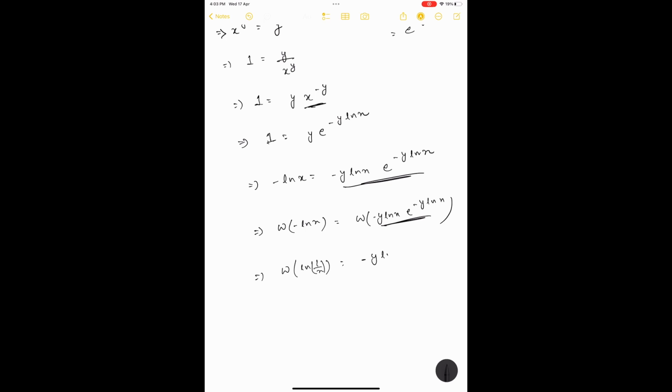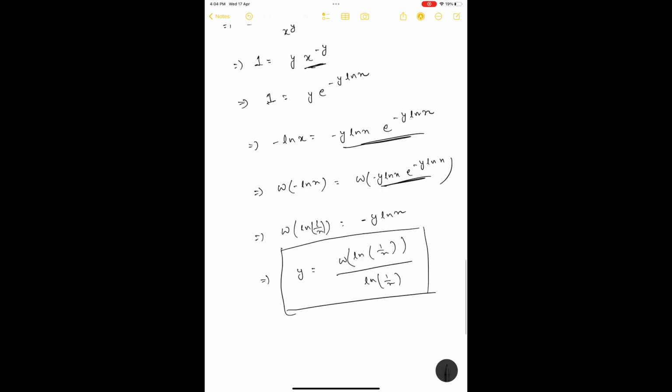Okay, so from here we can calculate y: W of ln 1 by x upon minus ln x, which we can write as ln 1 by x.